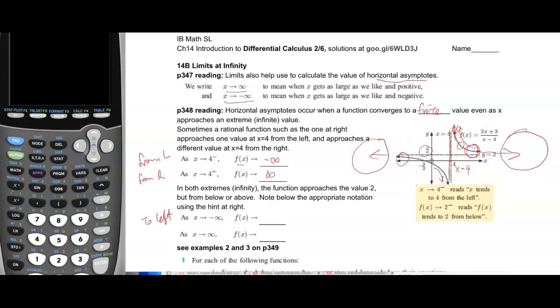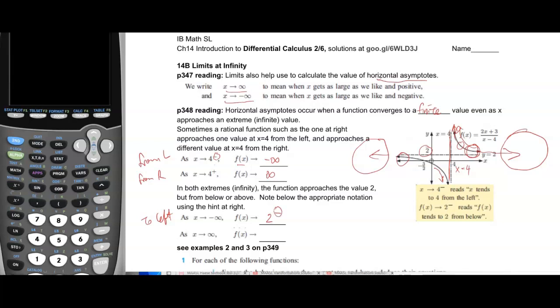Notice that it approaches 2 from the bottom. So we say 2 from the bottom. Do you see how the negative in the top right corner is indicating this case, from the bottom? Here it indicates from the left, and here it indicates from the bottom.